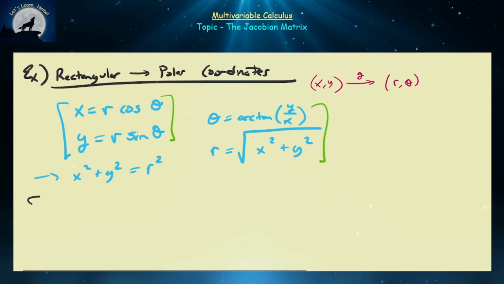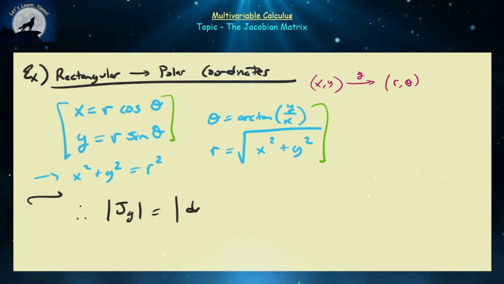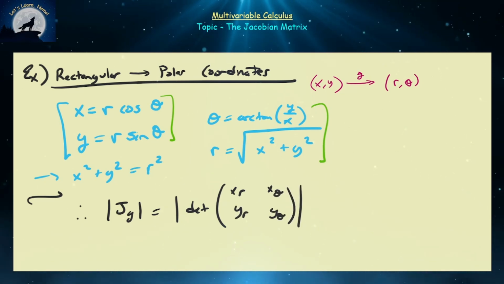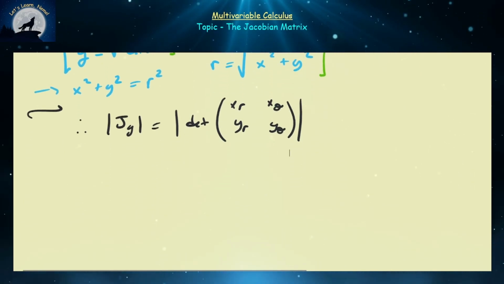We're going to take the derivative of x with respect to r and of x with respect to theta, because our Jacobian for g will be the absolute value of the determinant of xr, x theta, yr, y theta. So r and theta are taking the place of u and v in the general form.